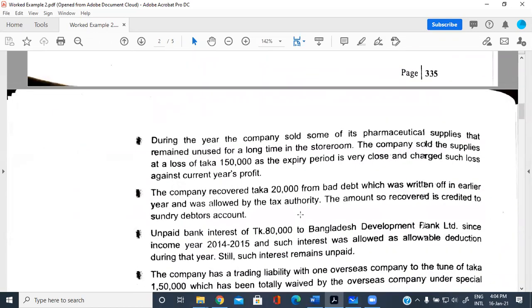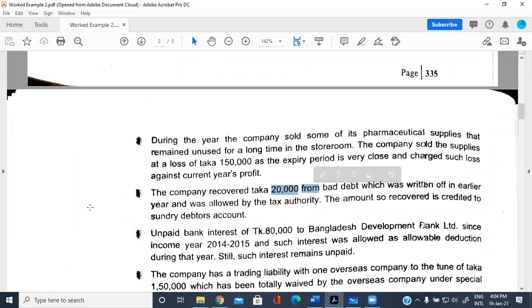So during the earlier income years, how much bad debt was charged? The charged amount was greater than this amount, but out of that, 20,000 has been recovered in this year.